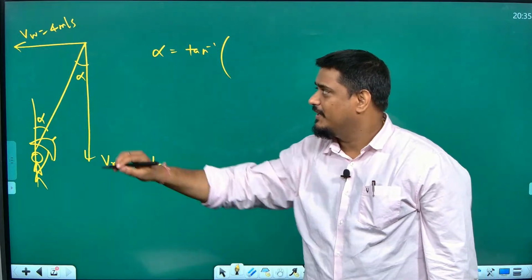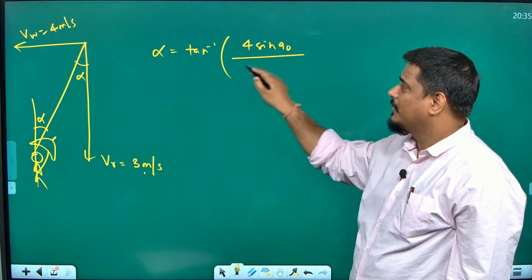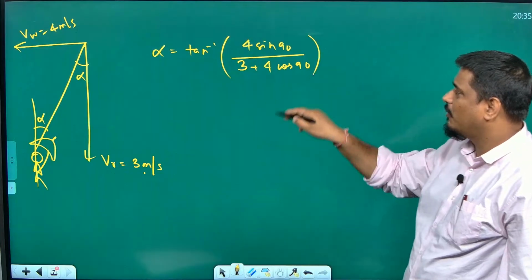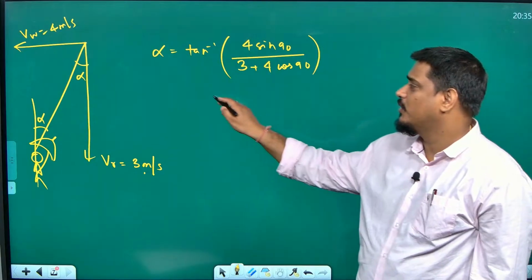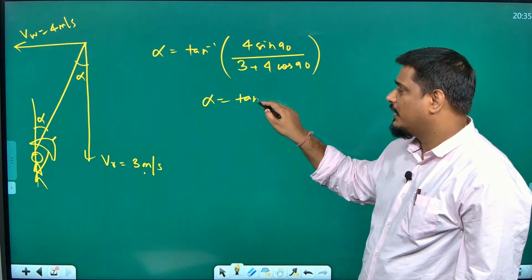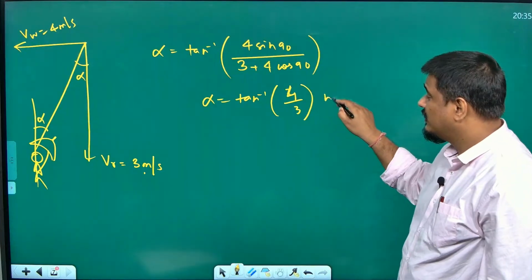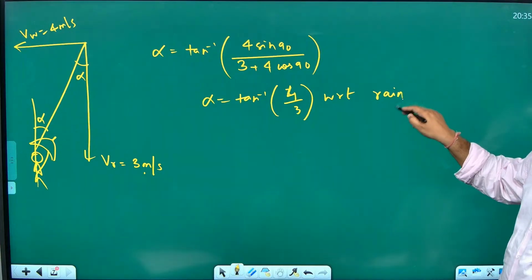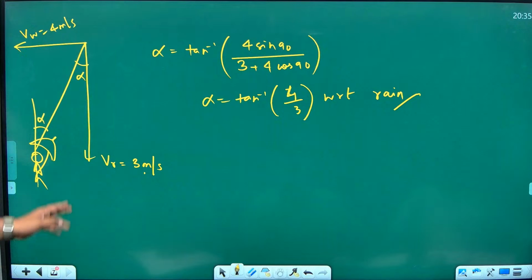A, B. So 4 sin 90 by 3 plus 4 cos 90. Any problem in this? Sin 90 is 1, cos 90 is 0. Alpha will become equal to tan inverse of 4 by 3 with respect to what? With respect to rain, obviously. I hope you get my point, because I have taken it with respect to rain.